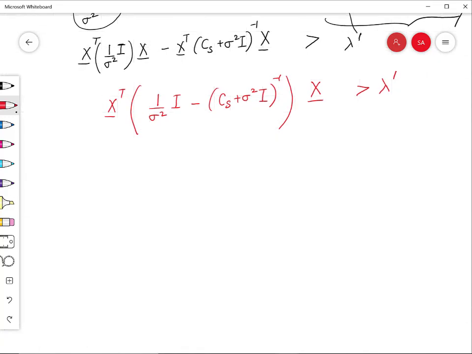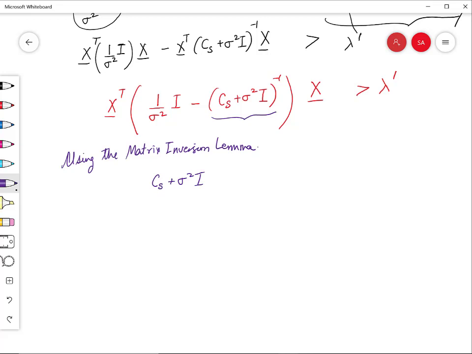Now there is a beautiful simplification that is done for this case. This is not an approximation, this is using the matrix inversion lemma. I'm just directly writing it, I'm not going to show how it happens.